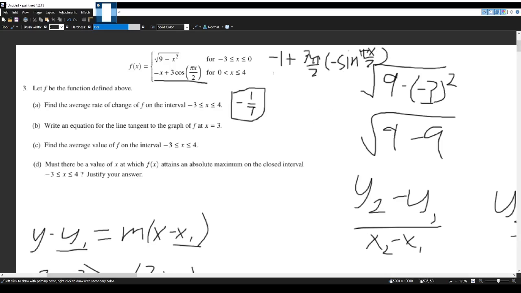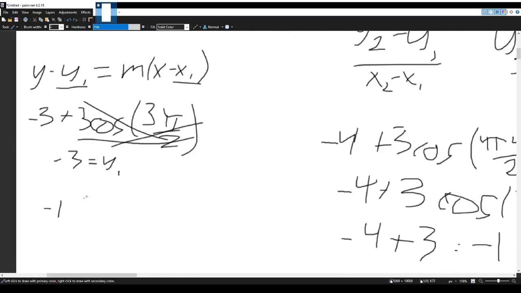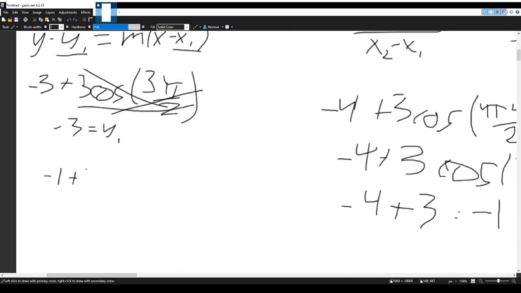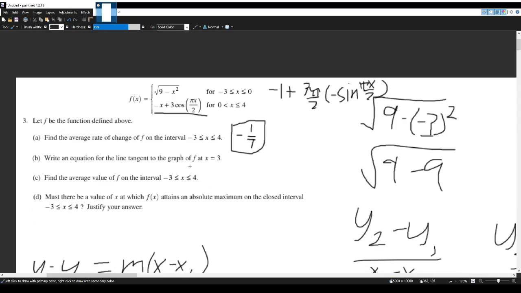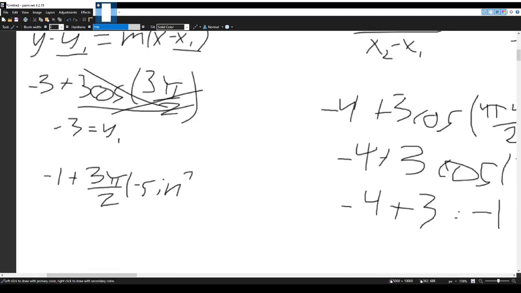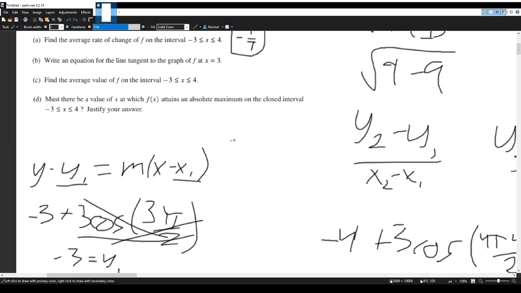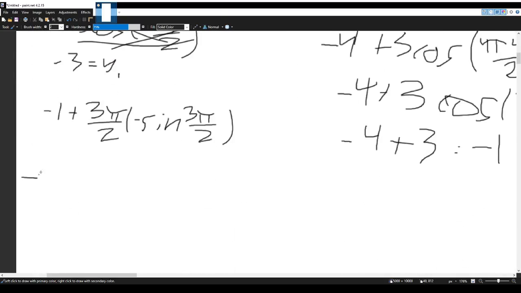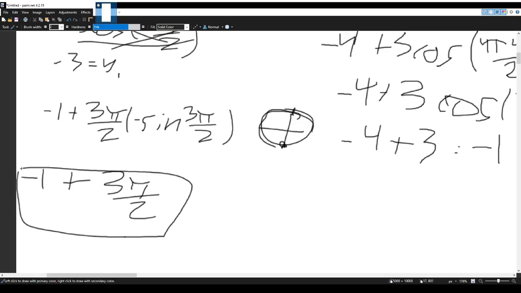Now we plug 3 into this: -1 plus 3 pi over 2 times negative sine of 3 pi over 2. Sine of 3 pi over 2 is -1, so that's just 1, basically. So -1 plus 3 pi over 2. Just keep it like that.